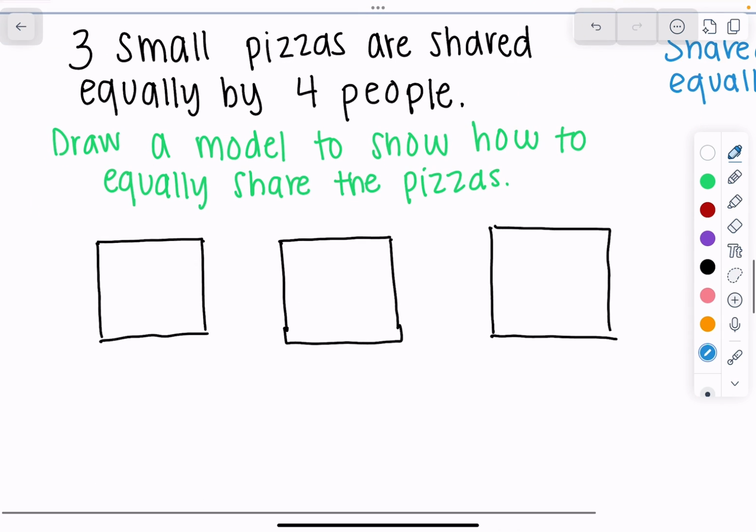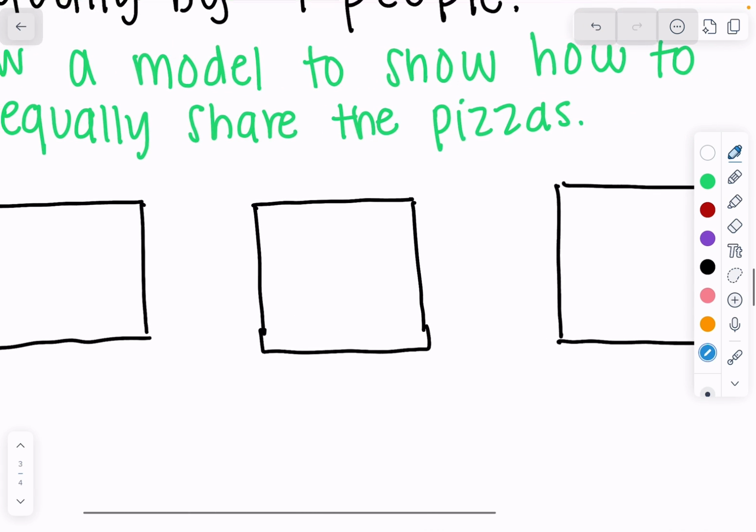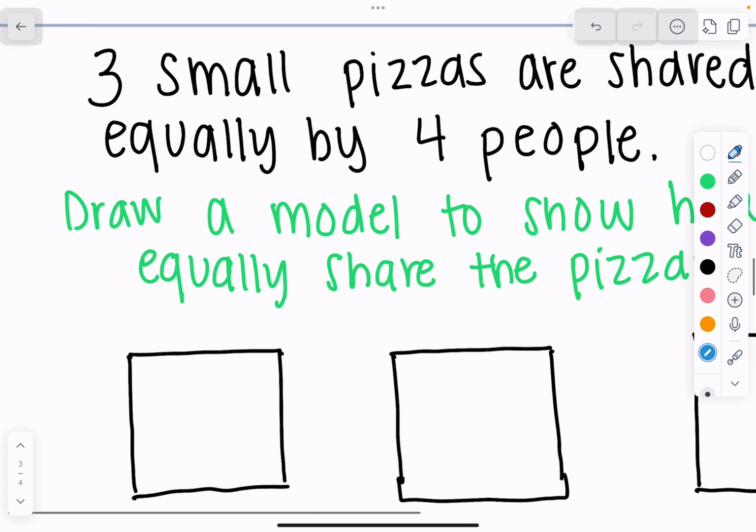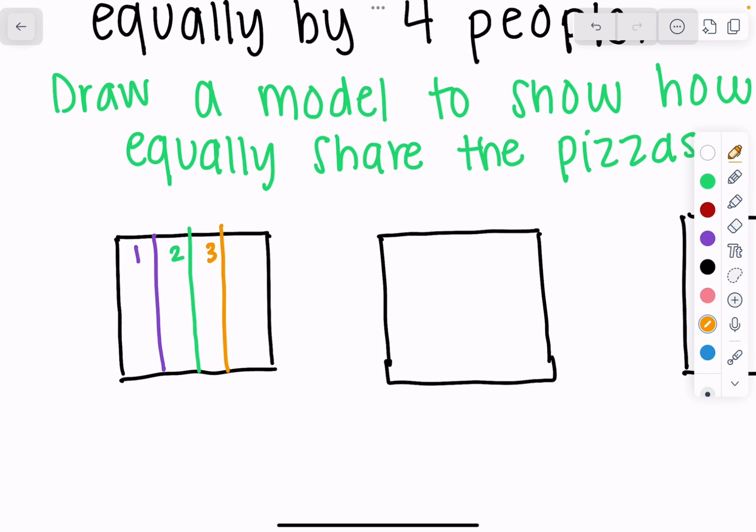So we have 3 square small pizzas here, okay? We're going to share them equally by 4 people. So each of these small pizzas, we're going to have to split into 4 parts for our 4 people, okay? So our 1 small pizza here, we have to do 1, 2, 3, 4, okay?